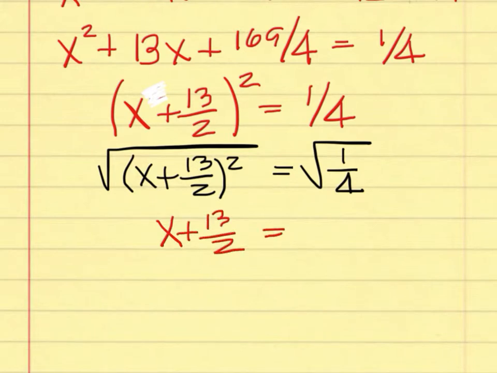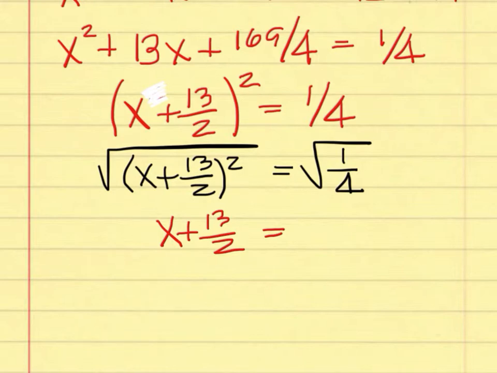All right, what is the square root of 1 over 4, Bailey? It's not 1. What's the square root of 1 over 4, Bradley? It's not 1 over 16. What's the square root of 1 over 4?